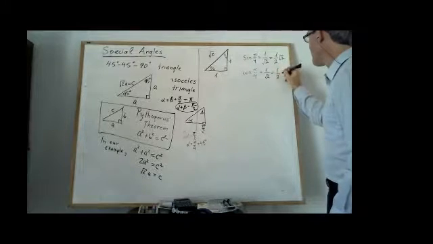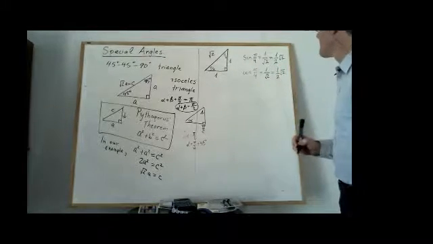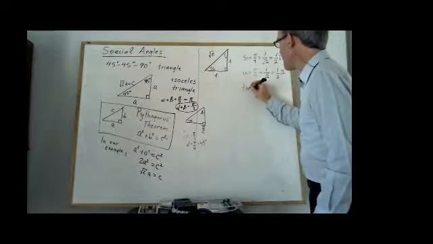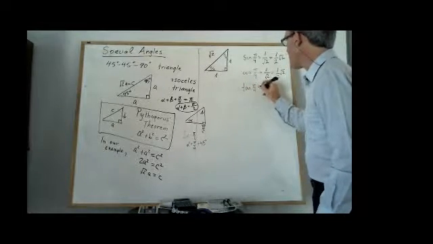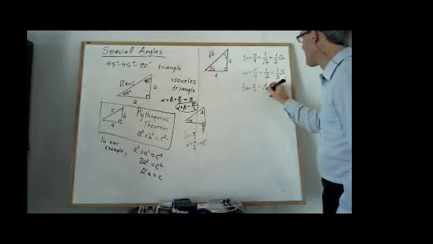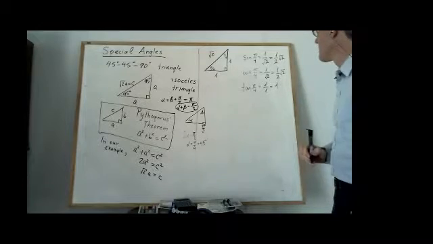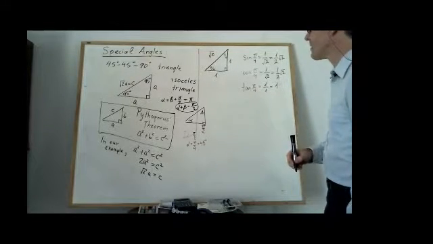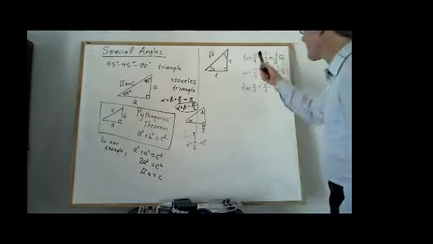So it's, again, 1/2 times the square root of 2. And the tangent of pi over 4 is likewise 1 over 1, which is 1. Okay, so those are the special values for the trigonometric functions for 45 degrees or pi over 4.